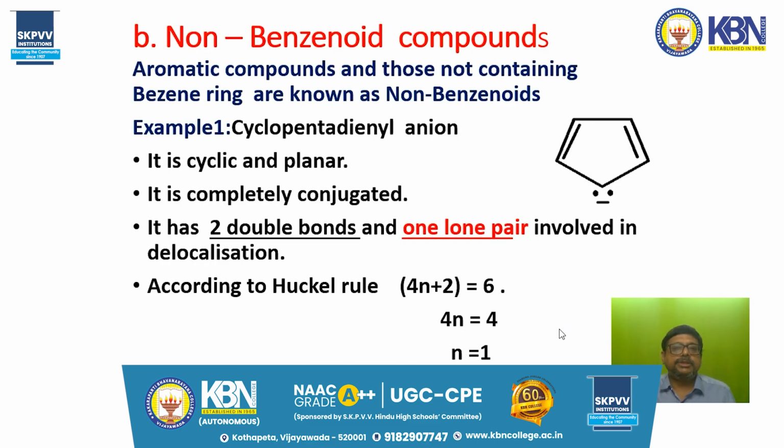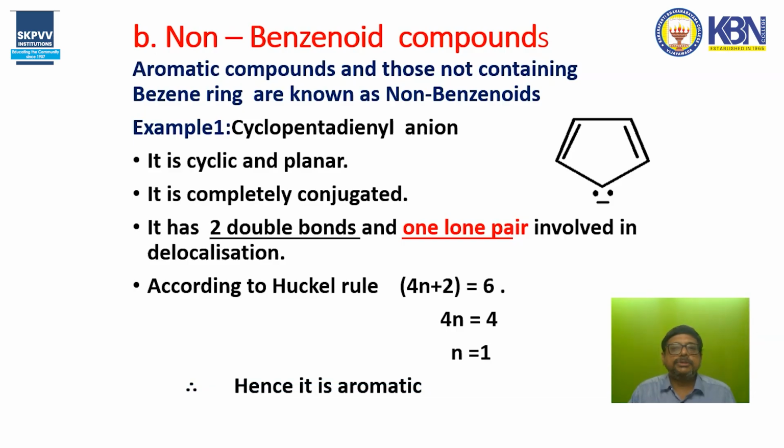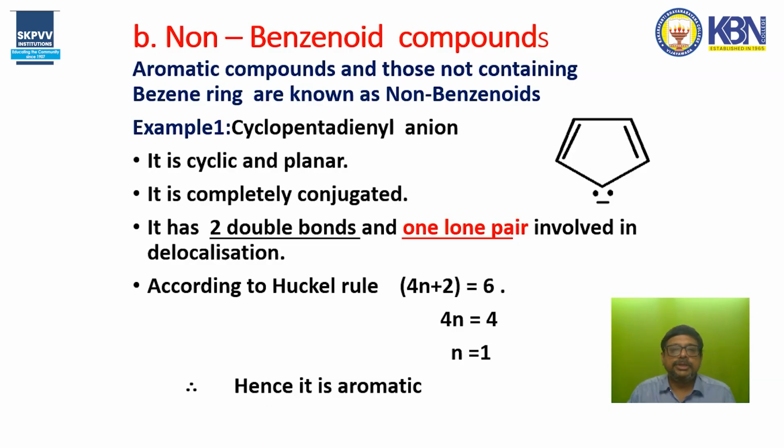The next one is non-benzenoid compounds. Aromatic compounds not containing a benzene ring are known as non-benzenoids. Example, cyclopentadienyl anion. In this structure, there are 2 double bonds and 1 lone pair of electrons. It is a cyclic and planar structure.